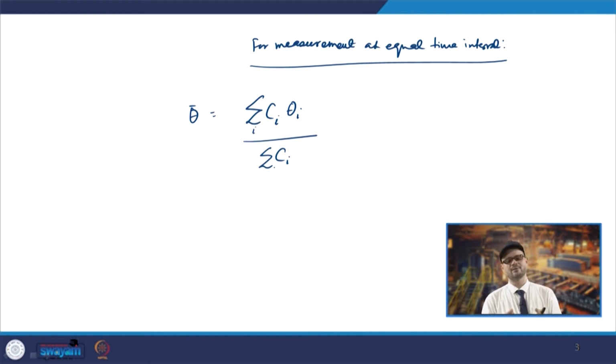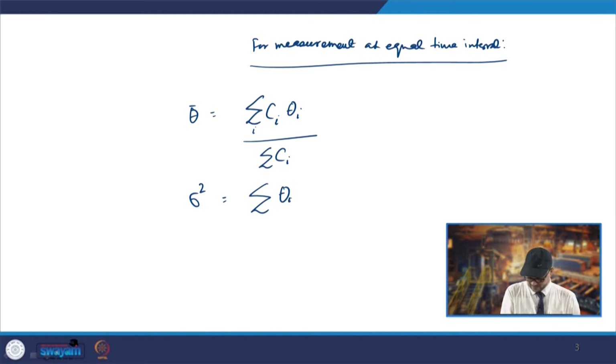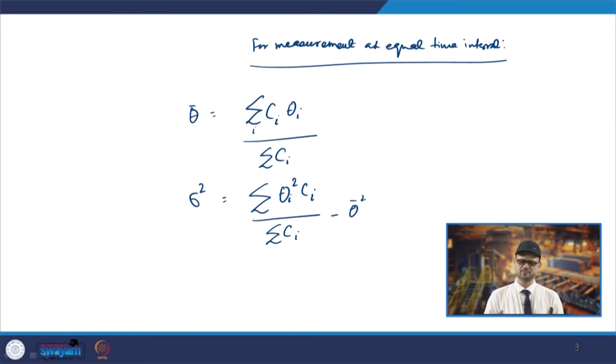So, theta bar is the theta average, and similarly you will have the variance. That will be the summation of theta i square C i divided by the summation of C i, and then we subtract theta bar square. This way we calculate the mean as well as the variance quantities in the case of the RTD curves.